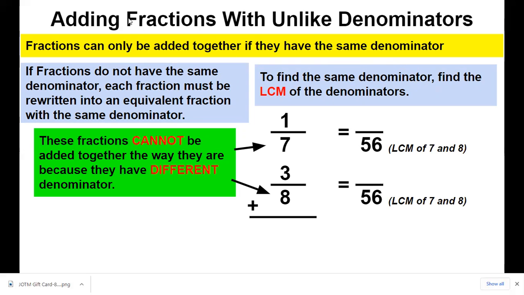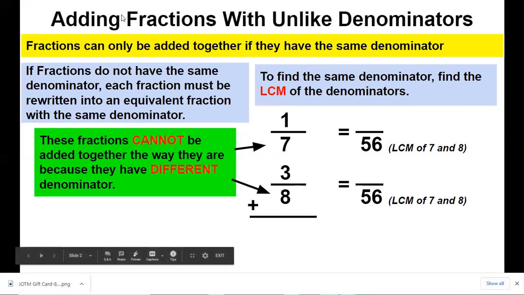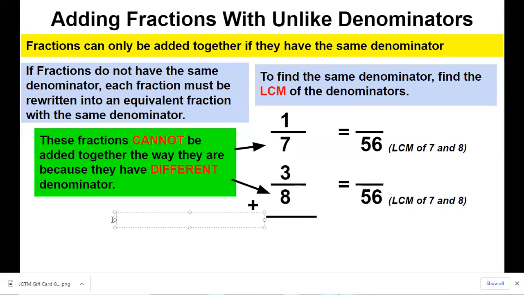Remember how you would count by 7s? Let me just type that in for a second. So you would count 7, 14, 21, 28, 35, 42, 49, 56. That's for 7s.